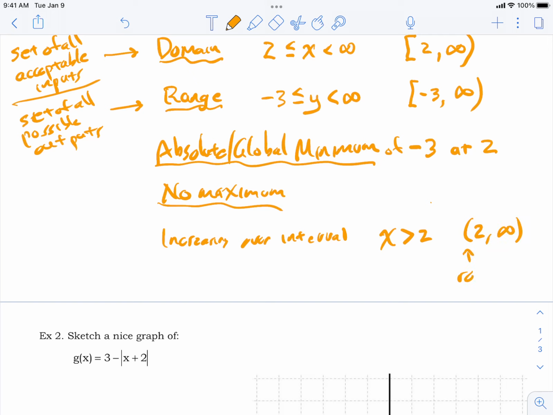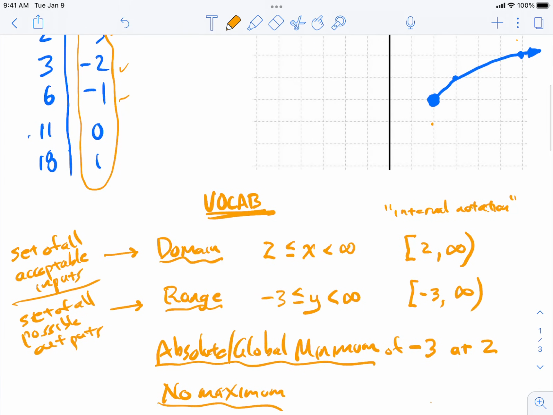Notice I am using round parentheses here. And it goes to what I was just saying about you can't be increasing while you're sitting at a point. So you wouldn't say you're increasing at 2. You're not doing anything at 2. And besides, if you look to your left, you don't know what you're doing, right? So increasing is kind of a two-sided idea. I'm increasing because over here I was lower, over here I'm higher.